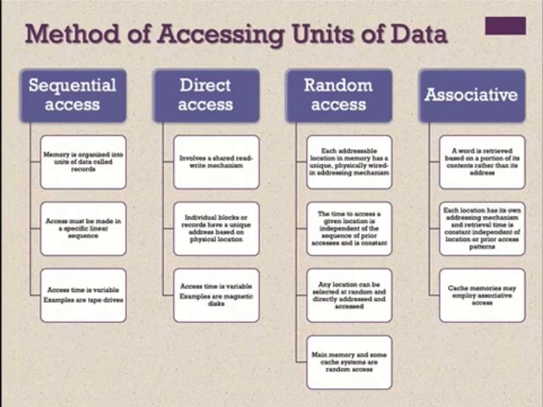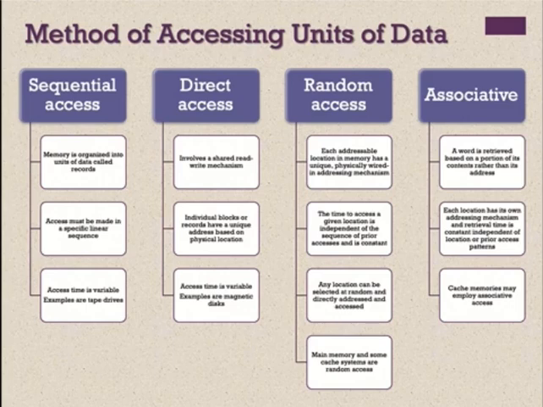So the access is direct, meaning wherever the head is located, but the access time is variable because maybe your head is on the block you are accessing, or maybe it's far away, and that depends on how quickly you are rotating the platter. So it's different than random access, because in random access the access time is constant, but here you can randomly access any location, but the access time is not constant. The access time is variable.